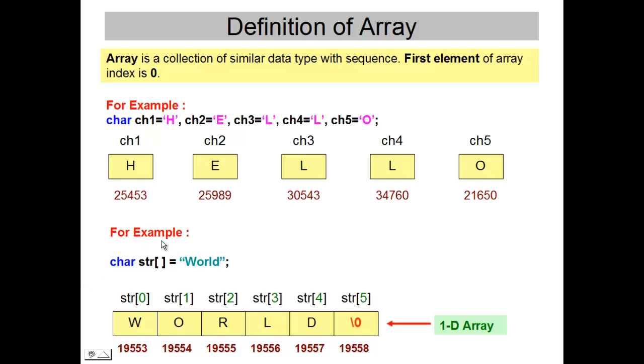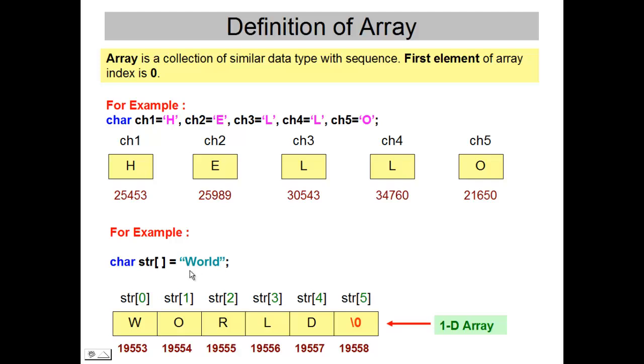So suppose our word is world, WORLD. How many characters? 1 2 3 4 5 characters in the string. So here we create the declaration of the array. Create a character array, name is str, with square brackets, and assign the value world.